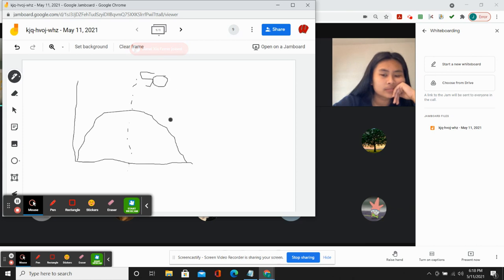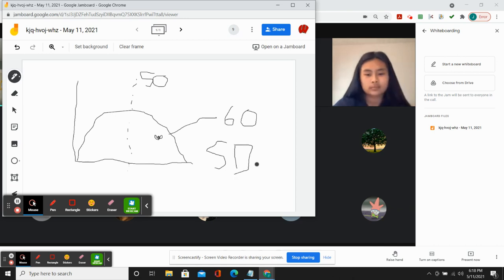Sorry for my terrible computer penmanship. And let's say you have a data point and your data point is 60 here. And they say, what's the Z score? If the standard deviation equals 5. Wow, that's a terrible 5.